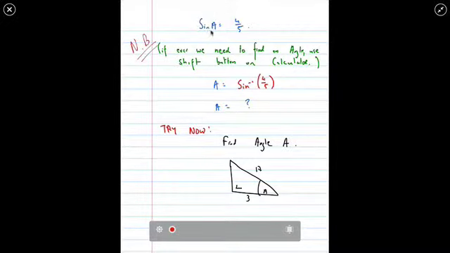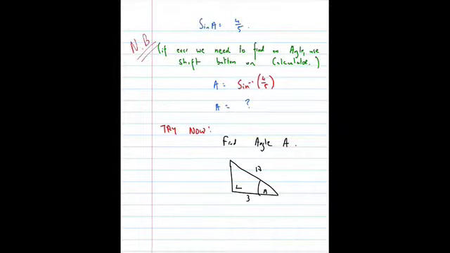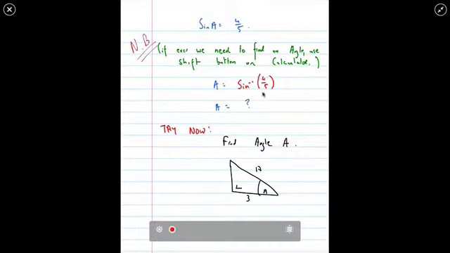So to get A on its own, I get shift sine of the other side. See what I did there? Sine of A is equal to 4 over 5.